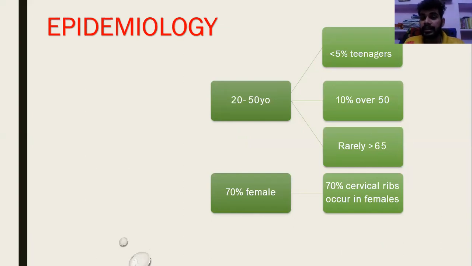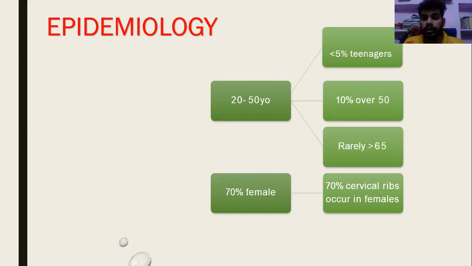In teenagers, we see thoracic outlet syndrome as congenital. At 50 years we see 10% because in this period our hand movement is more, and at 65 it is rare, basically due to muscle weakness.